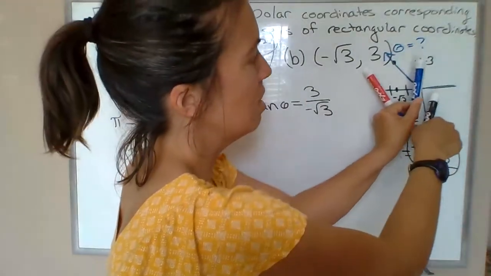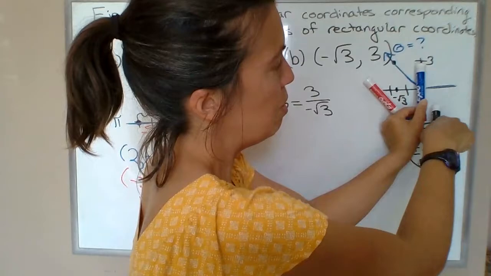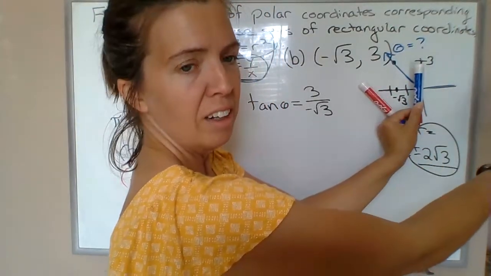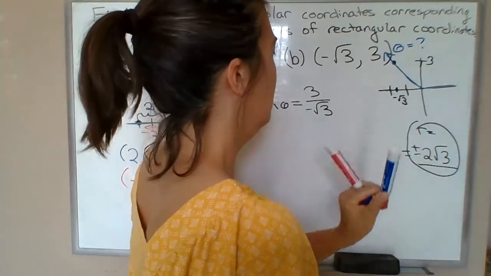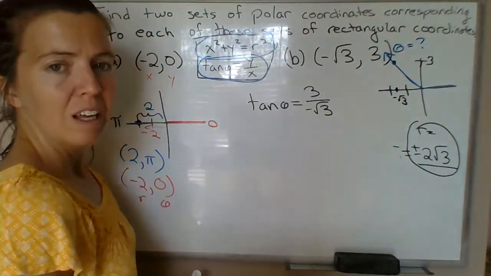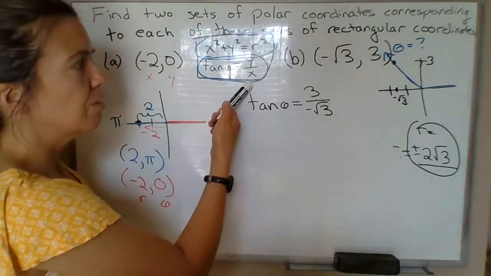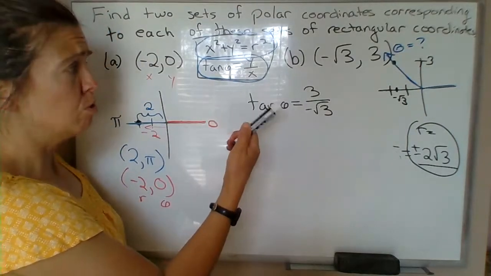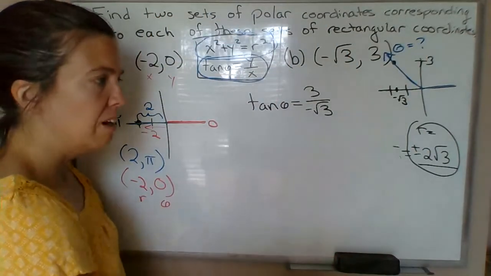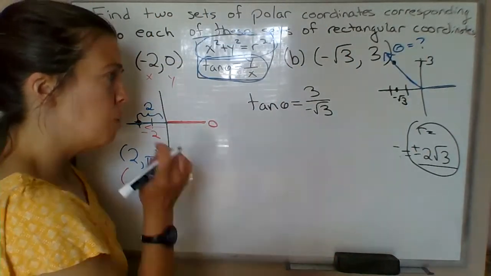I don't want to be stuck using only thetas between negative pi over 2 and pi over 2, which is just the right side of the plane here. I want to be able to use any value I want for theta. So that's why I like to keep it as tangent of theta equals y over x, as opposed to theta equals arctangent of y over x, because I don't want to limit what I can use for theta.